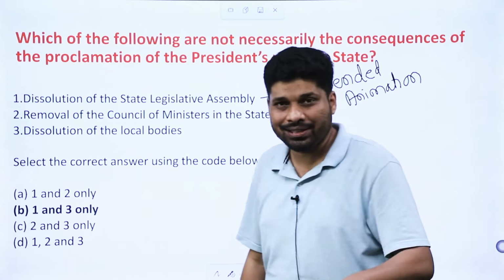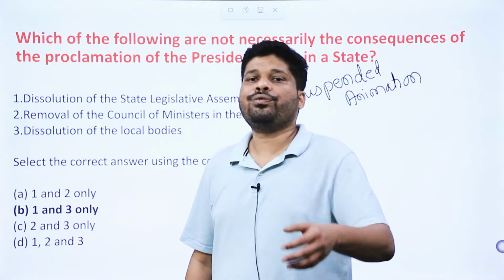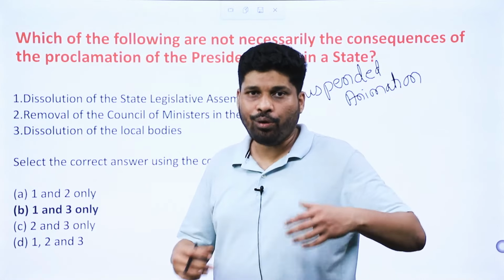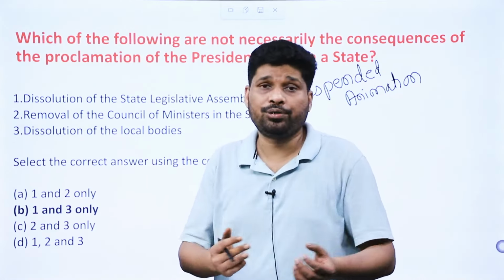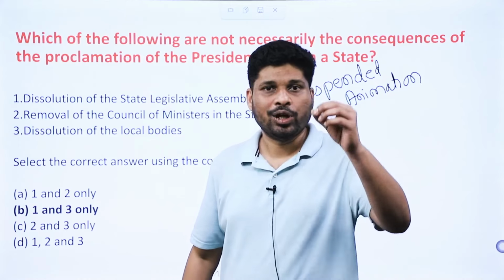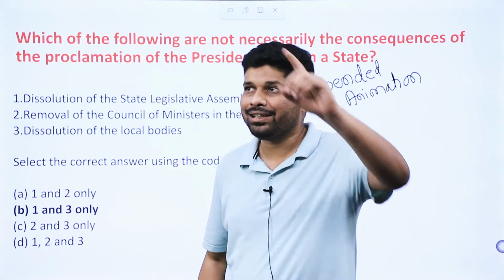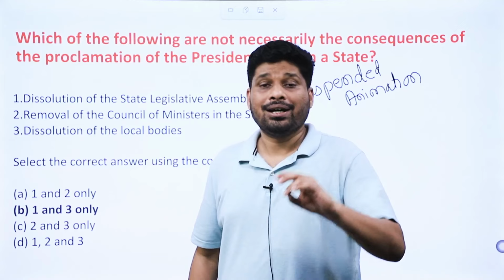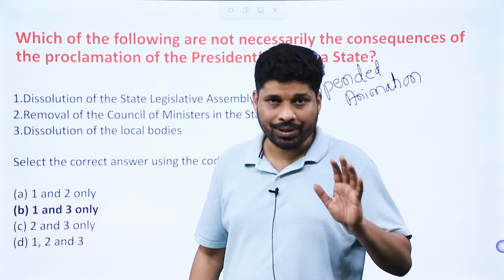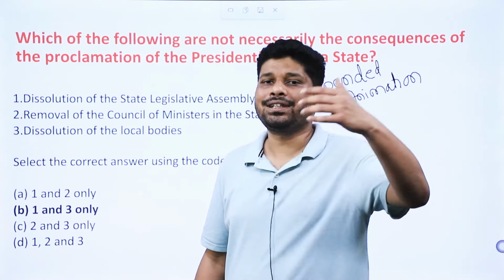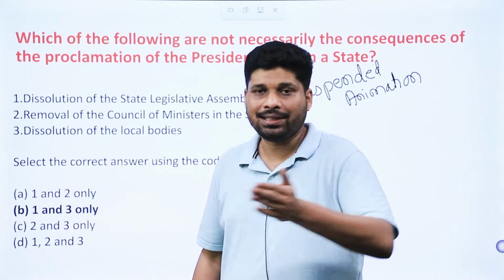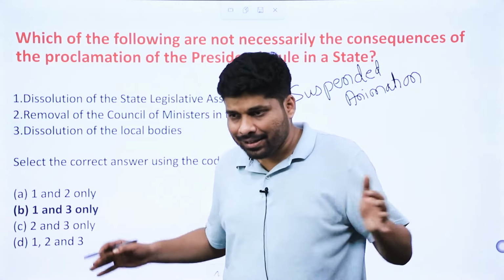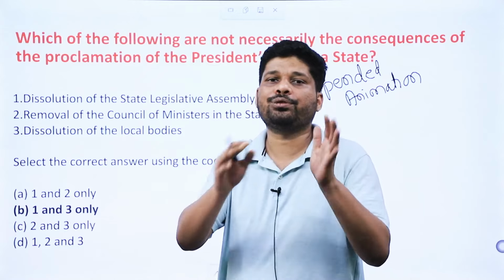What may happen is suspended animation. That means members of the legislative assembly will not be able to perform their duties. The law making process of the state will be done by the center. But dissolution of the assembly may not happen. After some days the president's rule might be taken back and the legislative assembly will perform its role as before.